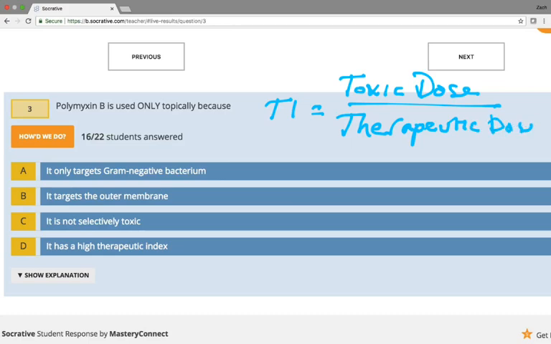And so we want drugs that have larger TIs instead of smaller ones. Meaning the difference between how much somebody has to take to get sick versus how much they are taking to treat an infection, that ratio is very large. Okay? So if you're comparing two drugs, you choose the one with the larger TI value.